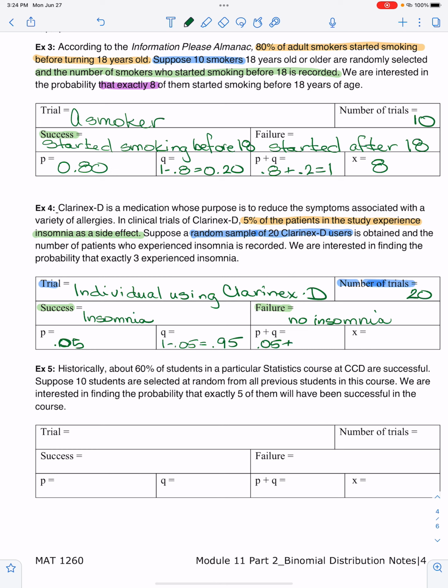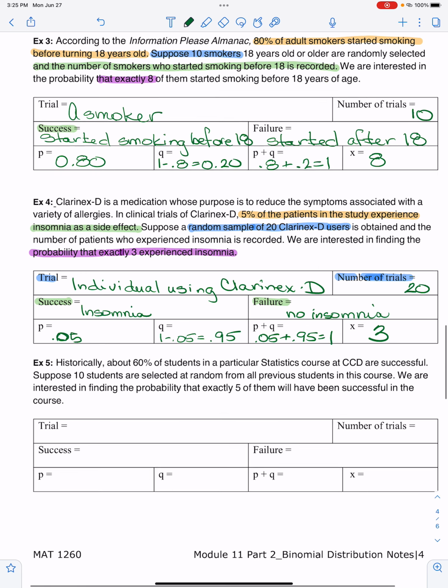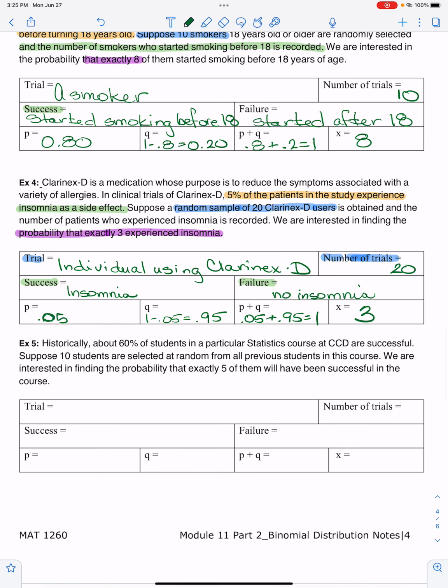Double check to make sure these add to 1. This has to cover everything. We want the probability that exactly 3 experience insomnia. Last one on this page.